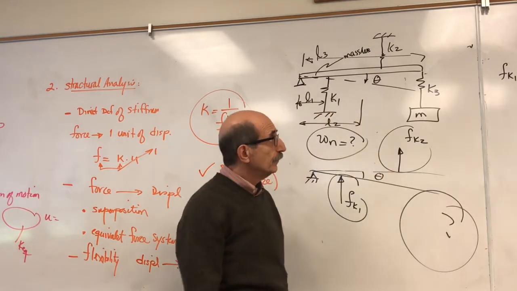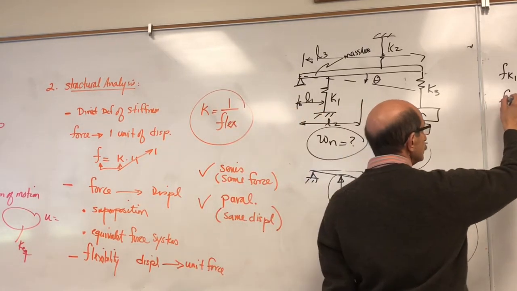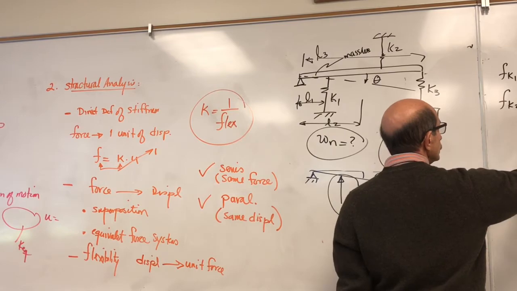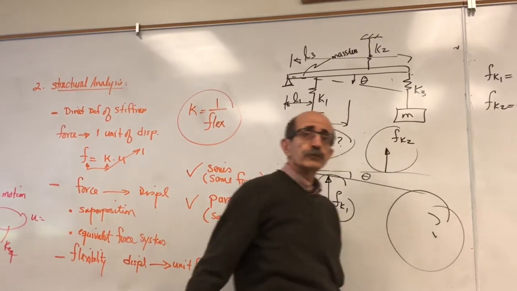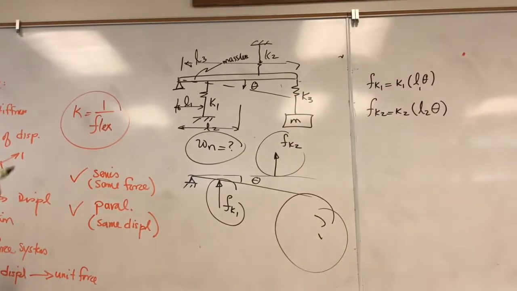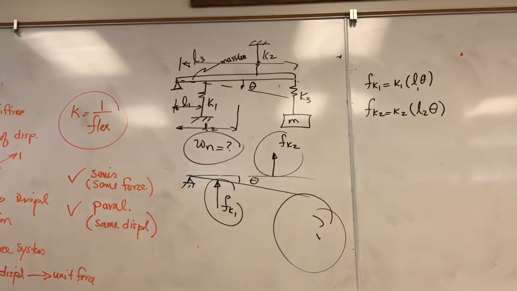The force in this other spring is K2 times the deformation that spring goes through. But the springs that I have here are not in parallel, and they're not in series. So what do I do? Can I use any of these approaches to solve that problem?